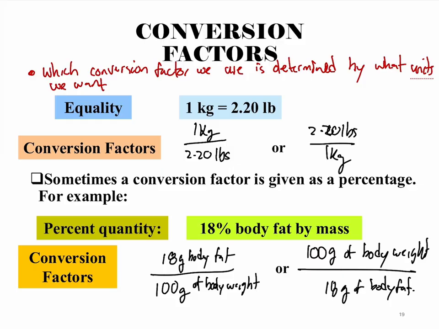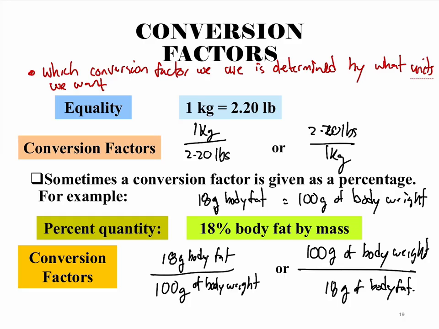Summer? If you write that in the formula, what would it be? So this one? Yeah. So if you were to write that, you would say that 18 grams of body fat equals 100 grams of body weight.